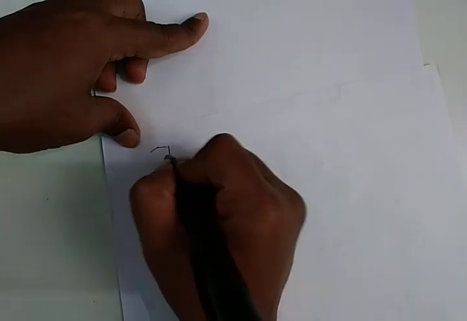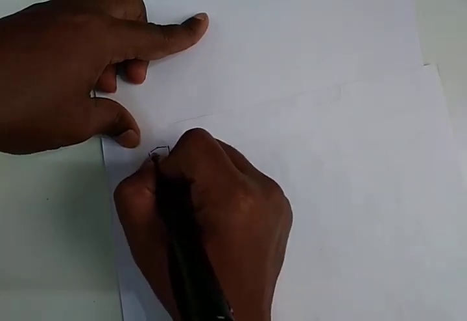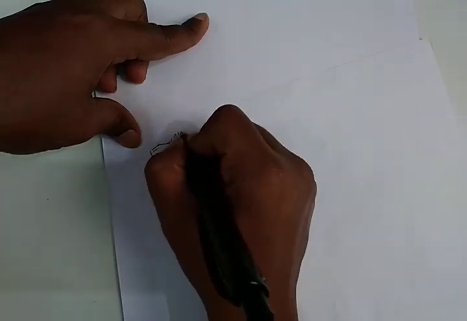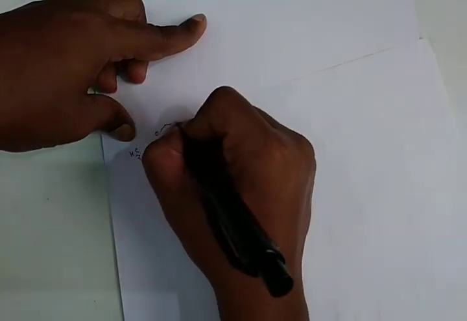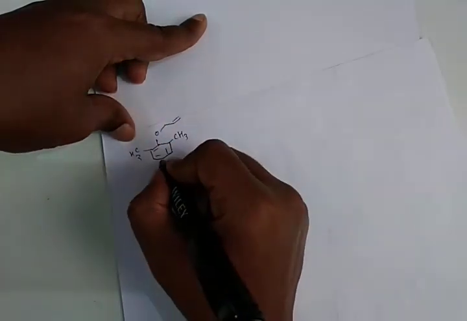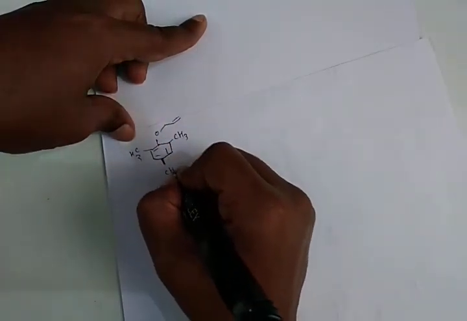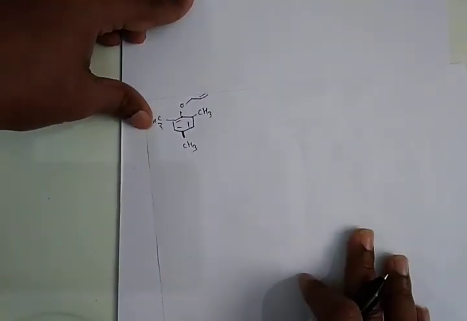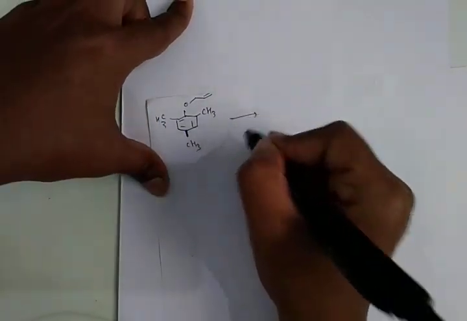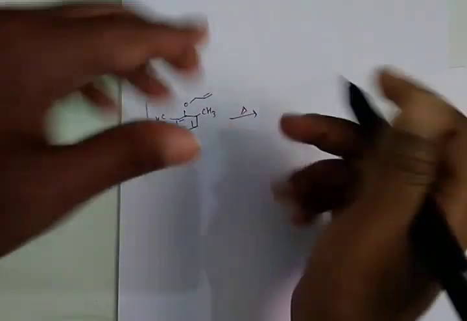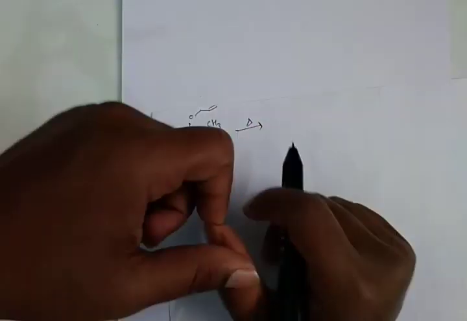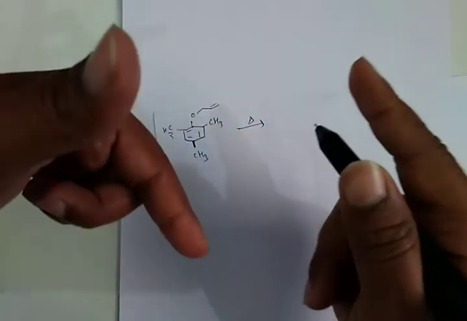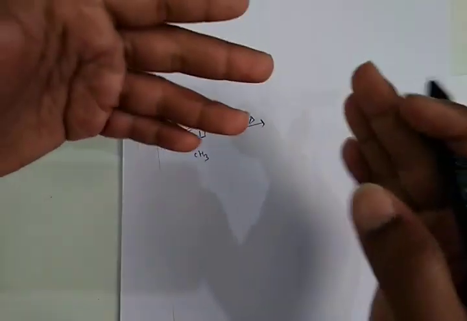Now what will happen if you have O, O, and again CH3 at the para position also? If you go for its mechanism, at any stage, whether this ortho, this para, or this ortho, you don't have any extra hydrogen which would go as H plus and then re-aromatize your ring.